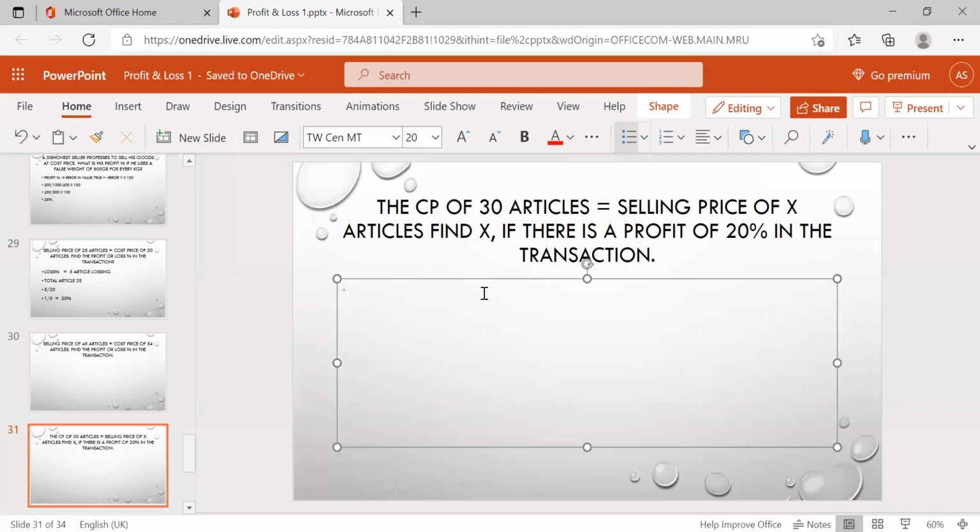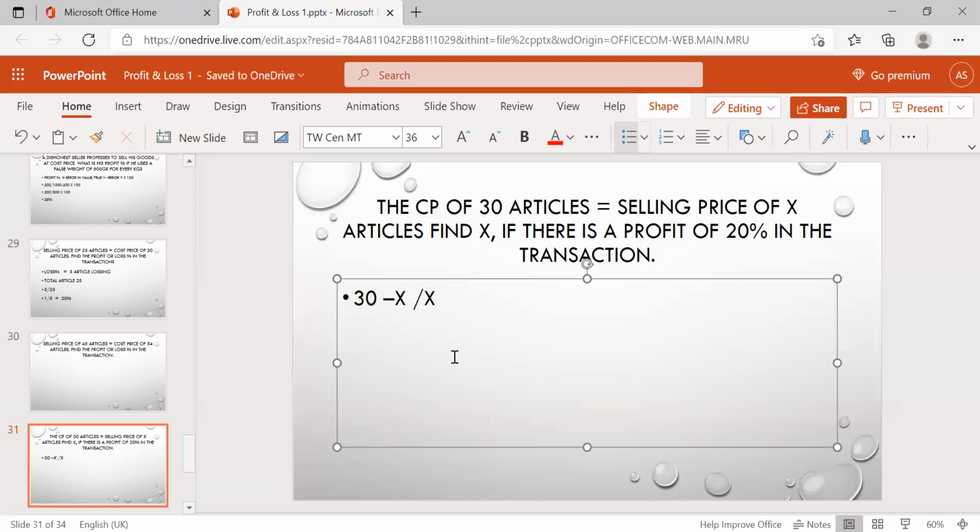The same way, just find out what's the difference of the articles. We don't know actually, so 30 minus X. Why 30 minus X? They said profit, so definitely the cost price of 30 articles is more than the selling price of X articles, right? So 30 minus X divided by how many articles they sold? X articles.